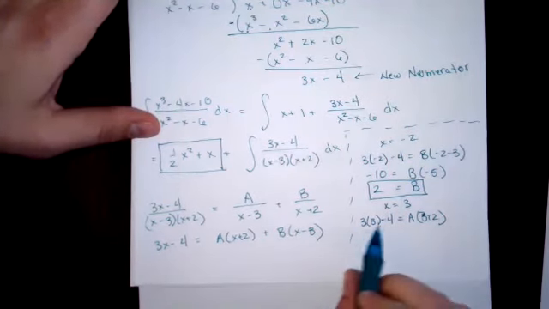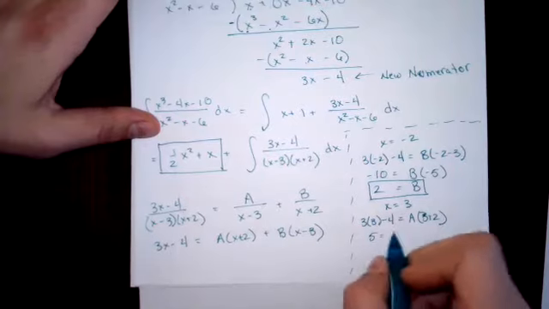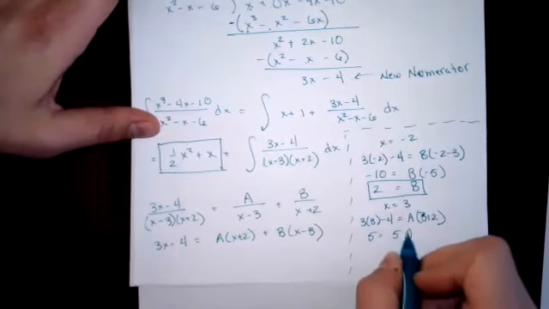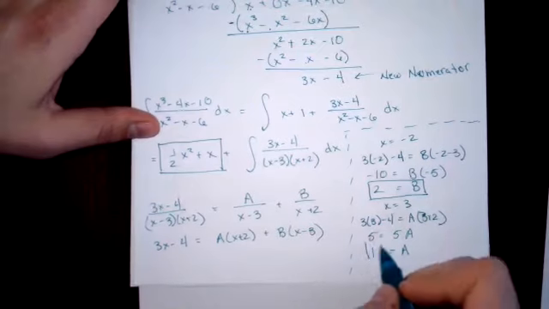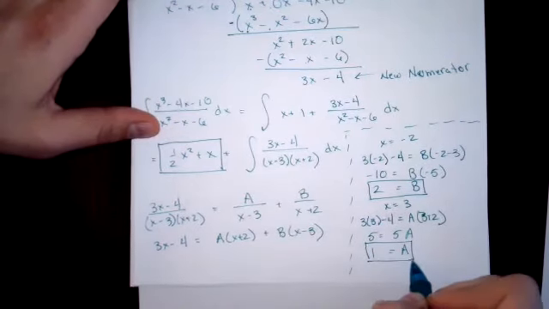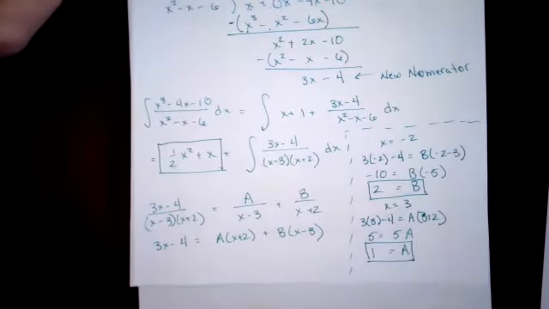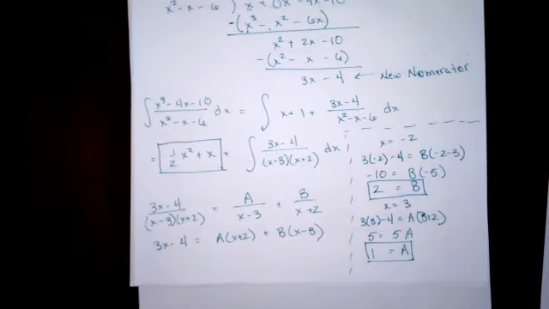So distributing, we've got 9 minus 4, 5 is equal to 5A, and we get A equals 1. You guys still writing? Yeah. Okay.